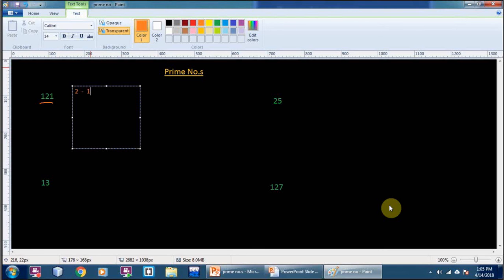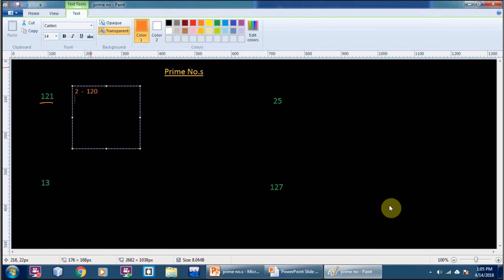I will check from 2 to 120. I will divide 121 by all numbers from 2 to 120, but it becomes a very cumbersome task if I divide this 121 by all numbers from 2 to 120.